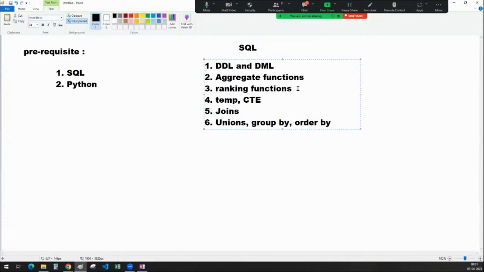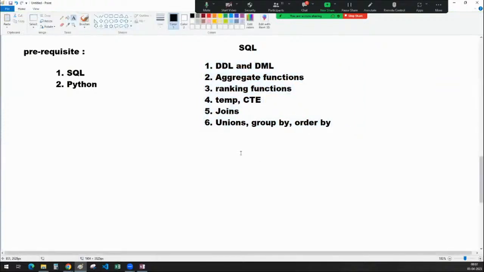Ranking: row number, dense rank, rank functions. And temp tables and CTEs. Joins: at least inner join, left join, right join. That is enough. Unions: union and union all, group by, order by. I believe this is enough for SQL, guys. If I remember anything else, I will tell you.